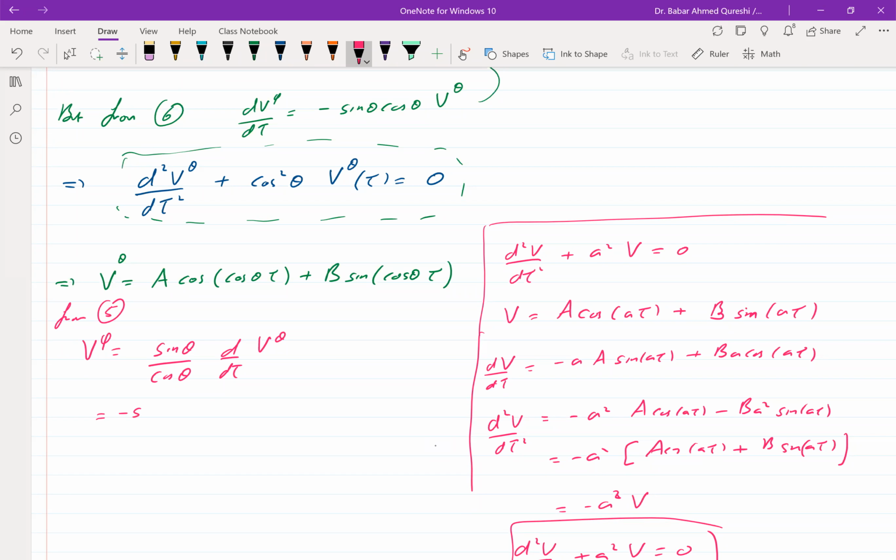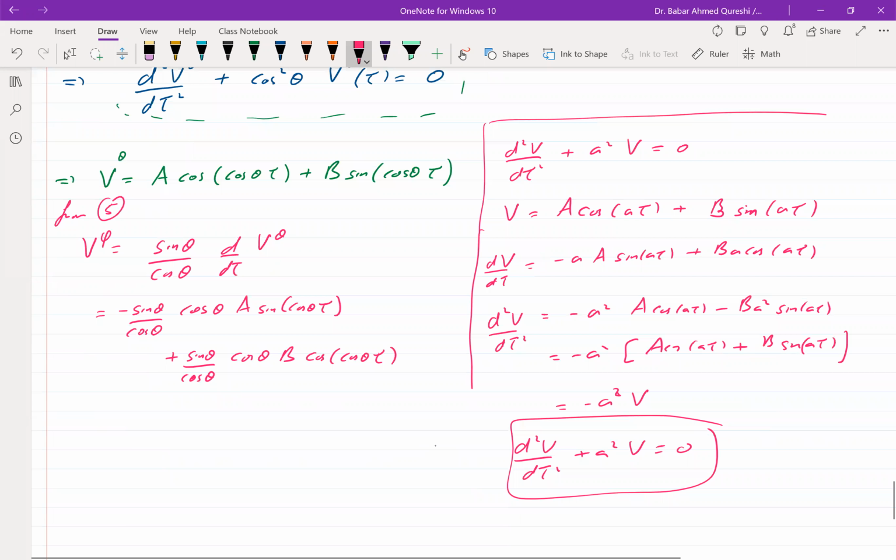So it's minus sine theta cosine theta a sine of cosine theta tau plus sine theta cosine theta comes out because of, again, a derivative, tau.